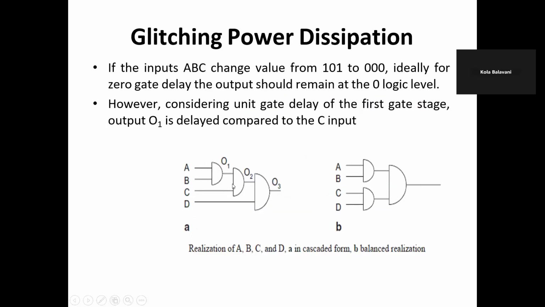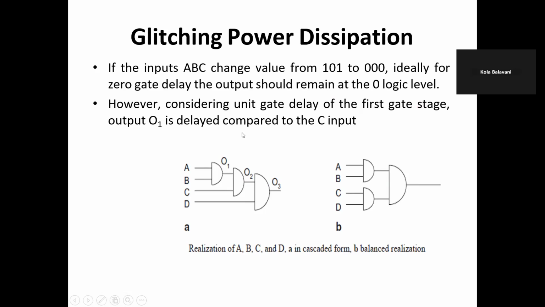If you observe this diagram, the inputs A, B, C are changing their values from 101 to 000. Ideally, we assume the gates have zero gate delay, so the output should remain at zero.